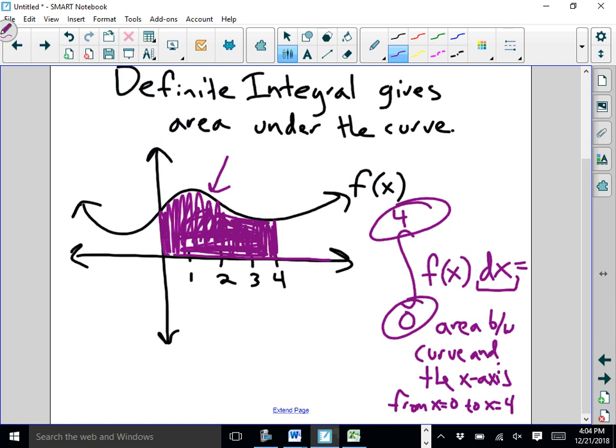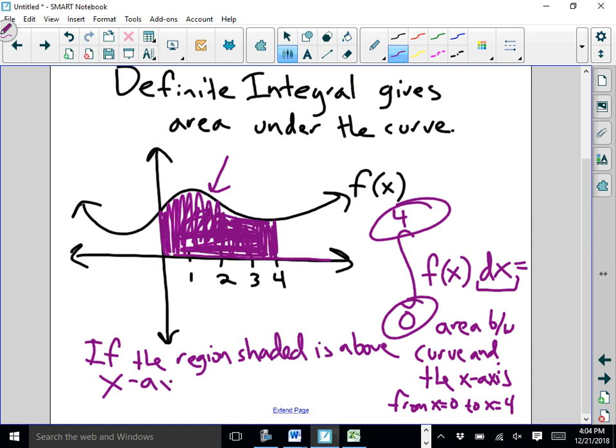Now, here's an important part. If the region shaded is above the x-axis, the area is counted as positive.